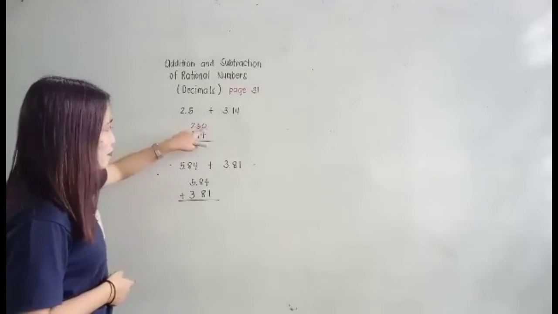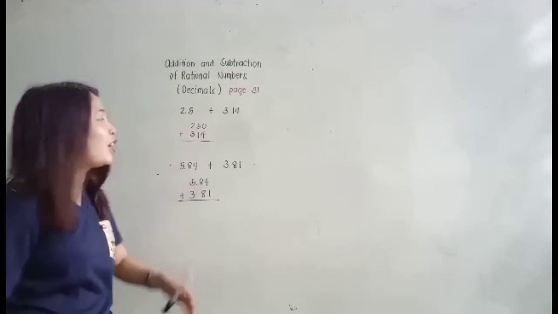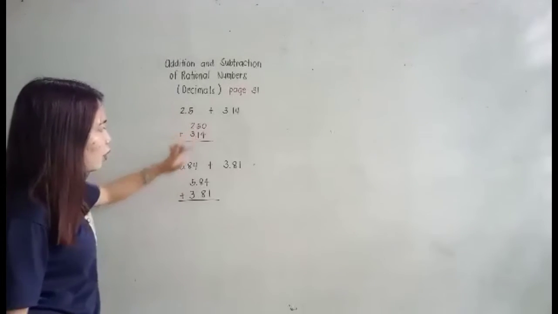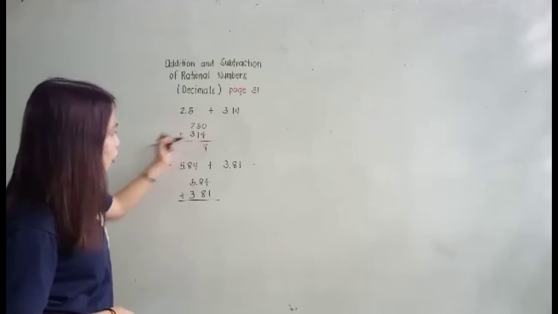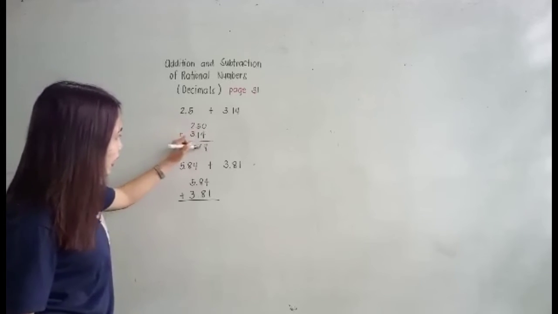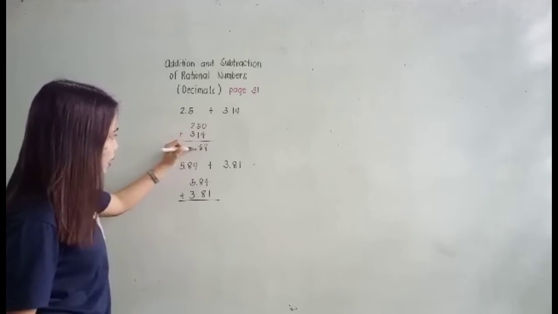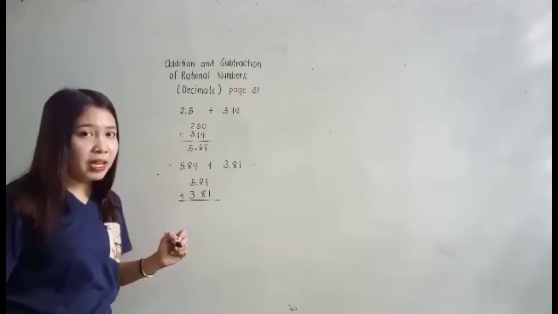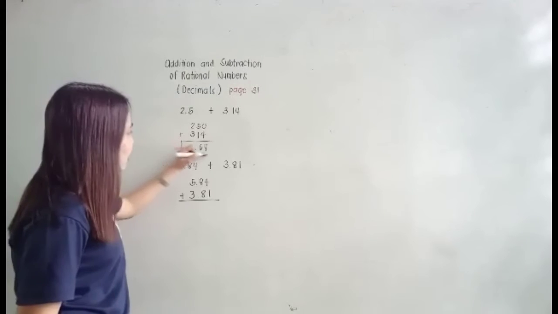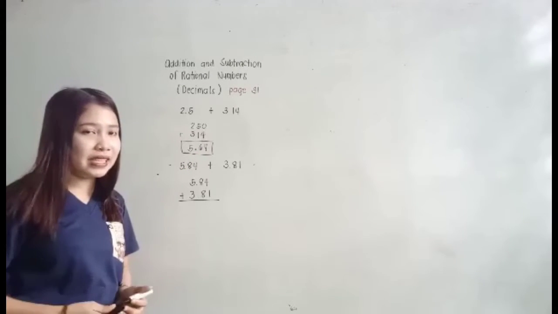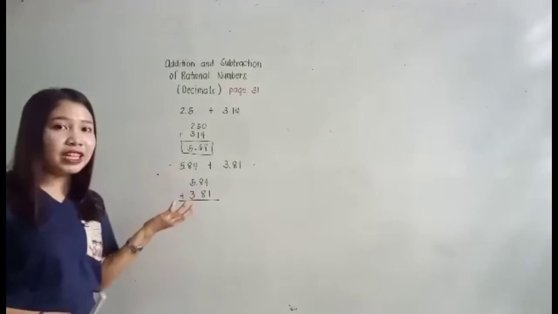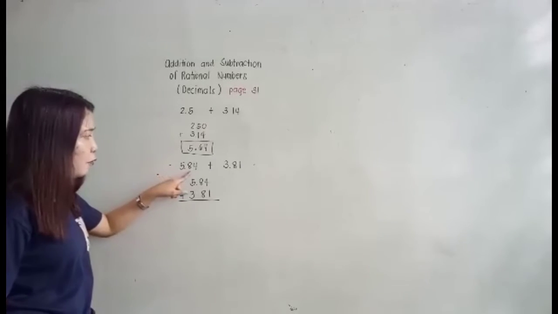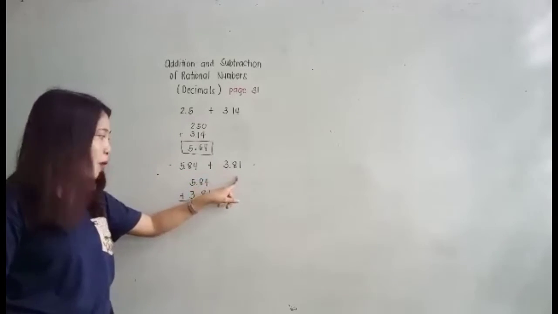Okay, so para makapag-solve tayo, no? So, 0 plus 4 ay equals to 4. Then, 5 plus 1 ay equals to 6. 2 plus 3 ay equals to 5. Then, ang ating answer ay 5.64.